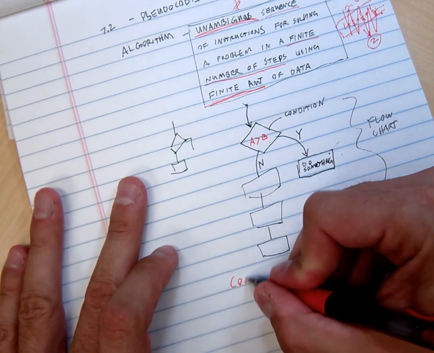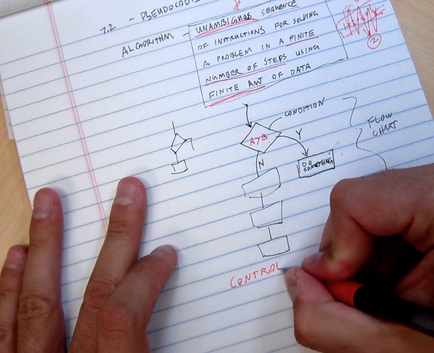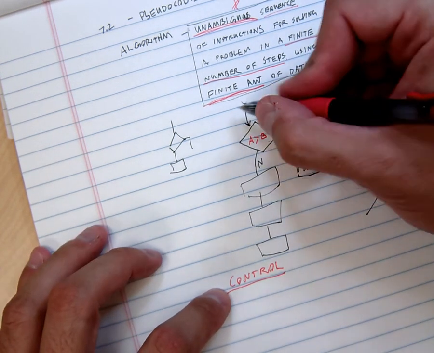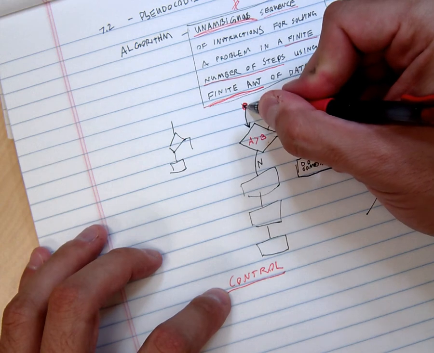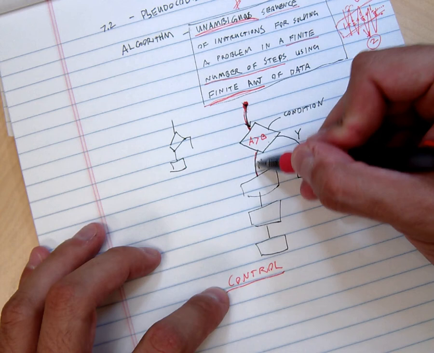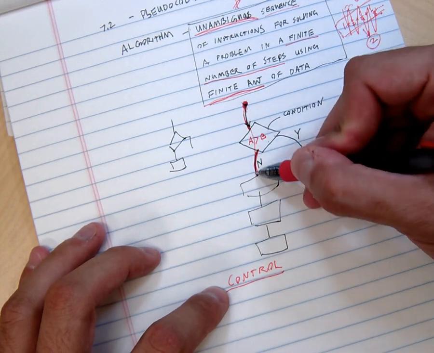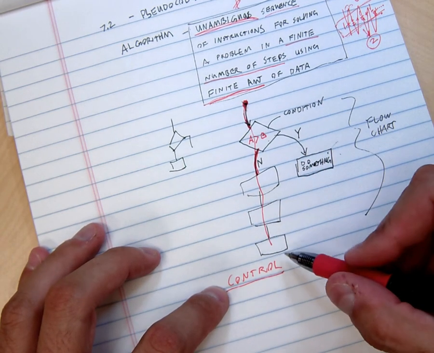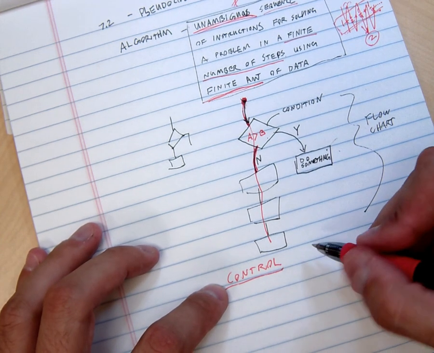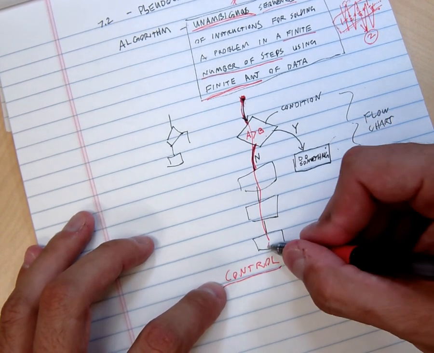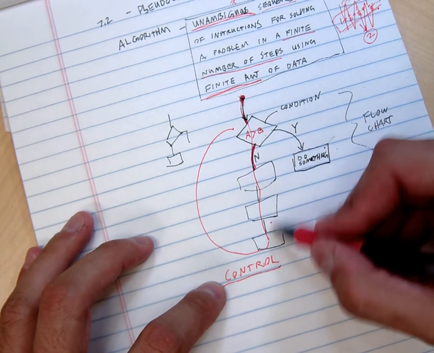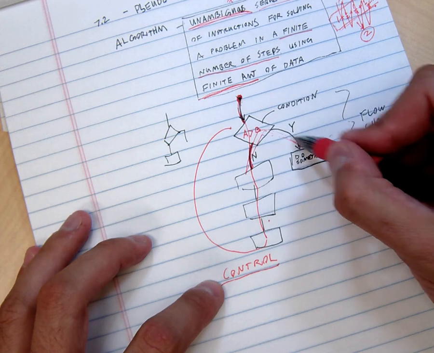So control is imagining you have a current thing that you're doing, and as you move through, these control structures determine which path of execution you're going to follow during a certain computation. Control structures are things like looping back, or branching, where you can either go one way or the other.